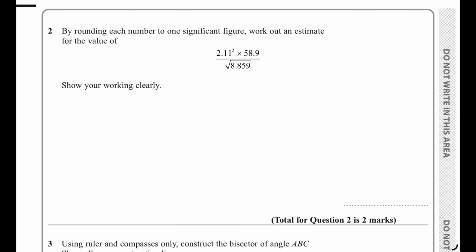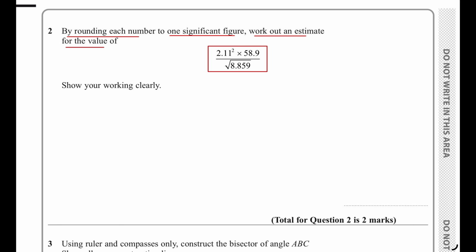Question 2. By rounding each number to one significant figure, work out an estimate for the value of 2.11 squared times 58.9 divided by the square root of 8.859. Show your working clearly.